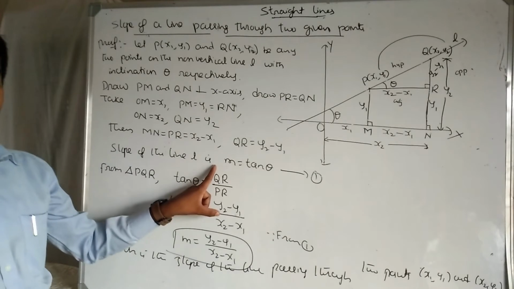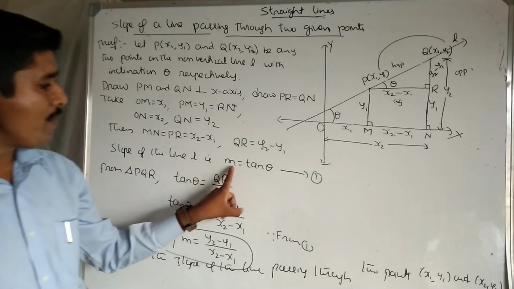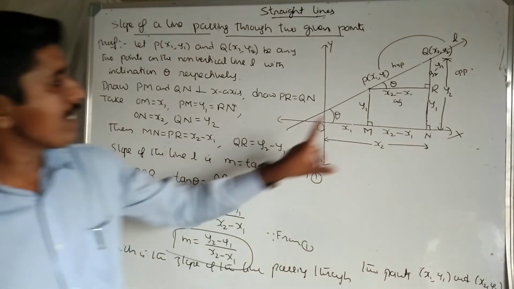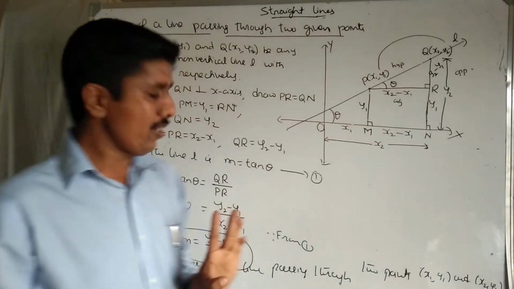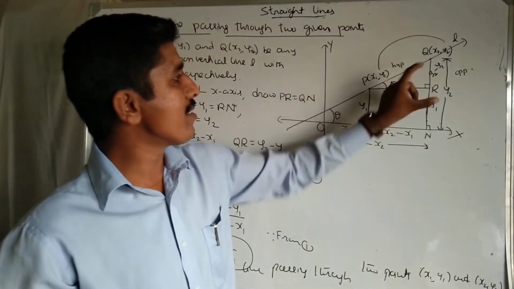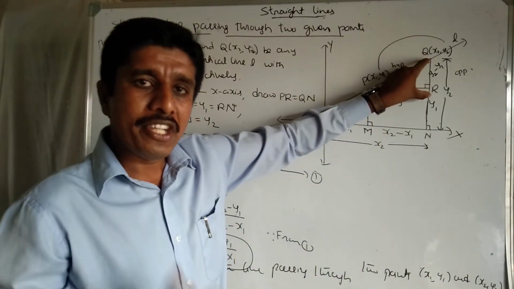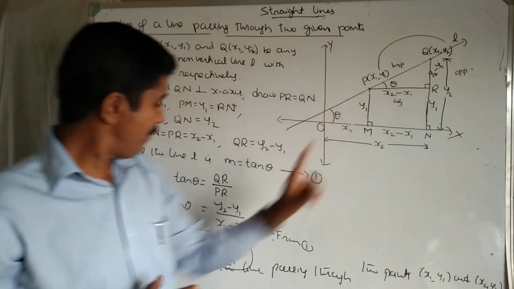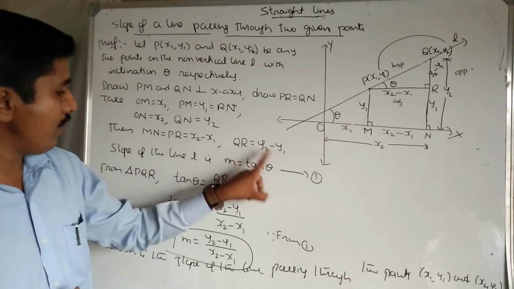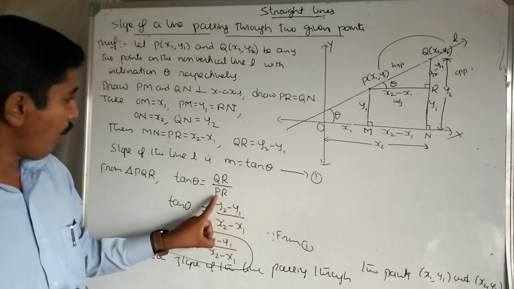Slope of the line L is given by m equal to tan theta. We know that, called equation 1. From triangle PQR, what about tan theta? Tan theta equals opposite by adjacent. Opposite is QR divided by adjacent is PR. QR by PR. What about QR? From the figure we have QR equal to y2 minus y1, divided by PR.